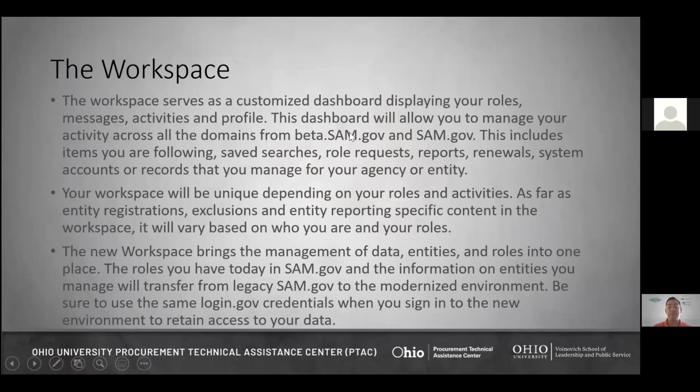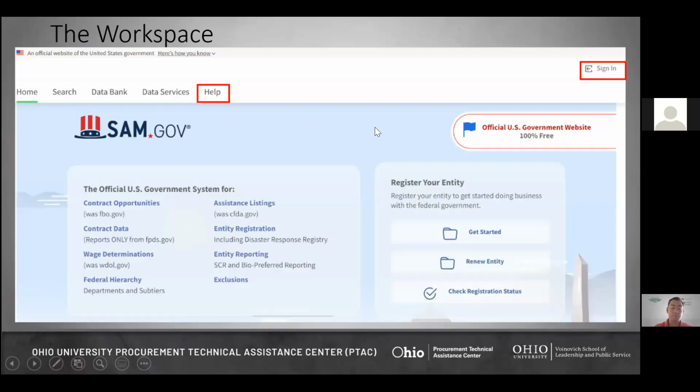And when they transitioned from beta.sam to SAM, they really made some positive changes there. It's also a lot easier to do the role request, in my opinion. Help and resources: again, you'll see the highlighted red boxes. There's a help resource that's really pretty thorough. And then I always suggest people sign in as well.